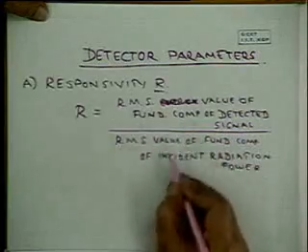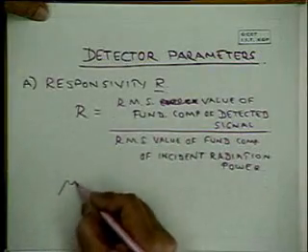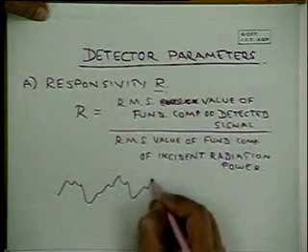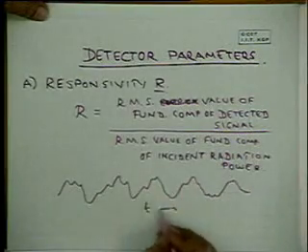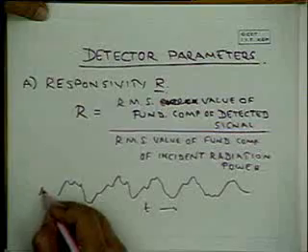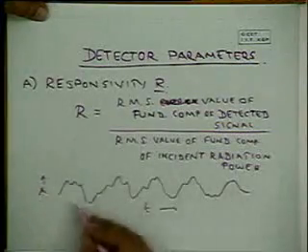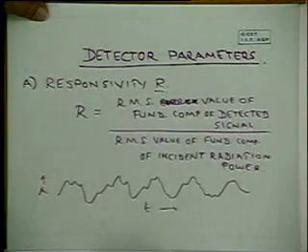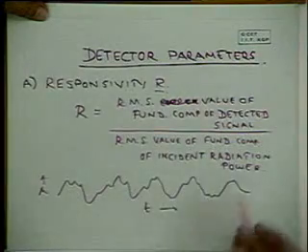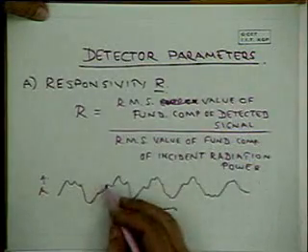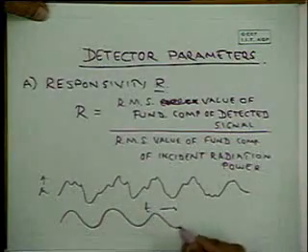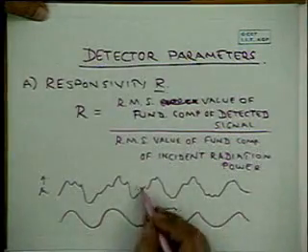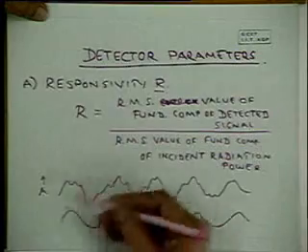We say fundamental component because in general we may have a signal which varies with time. The signal amplitude may vary with time, and if we fully analyze such a signal, then obviously we will get some fundamental components superimposed on which there are Fourier components.